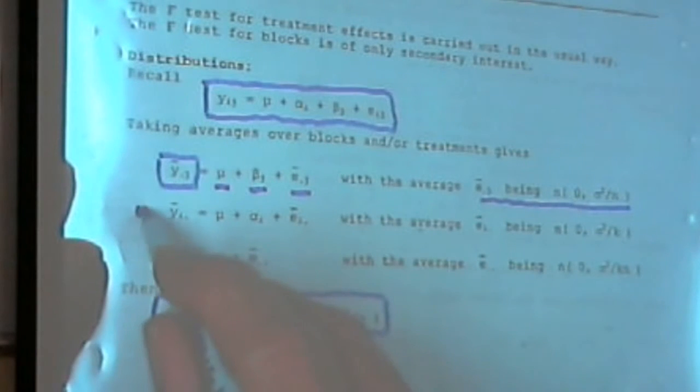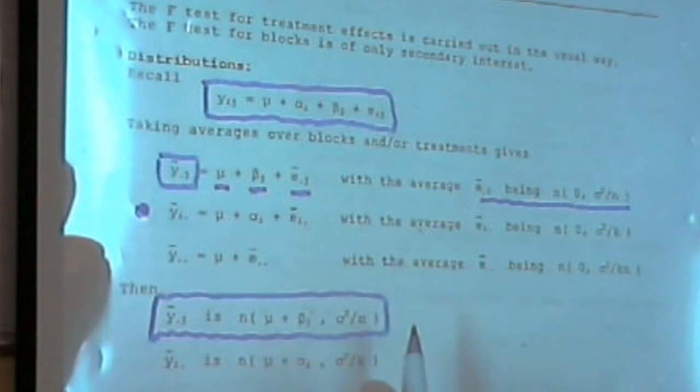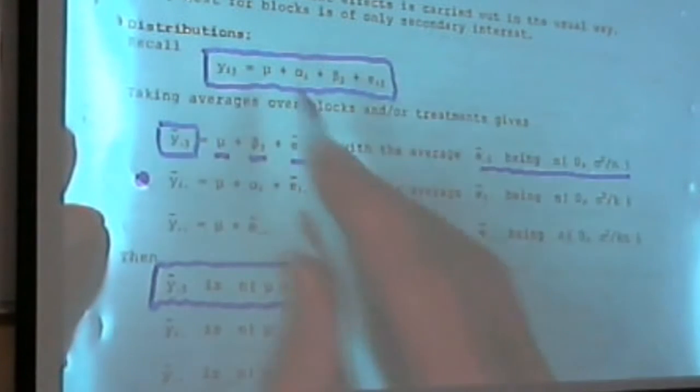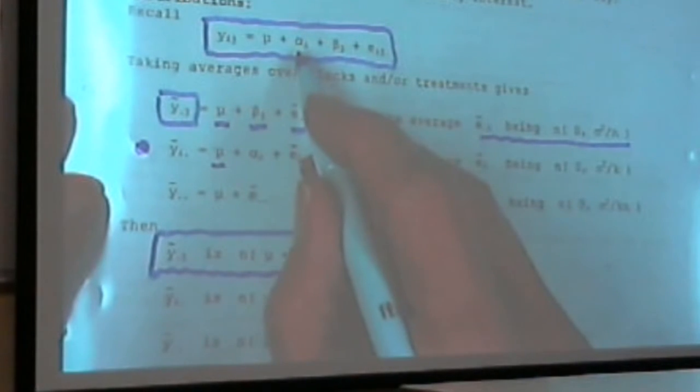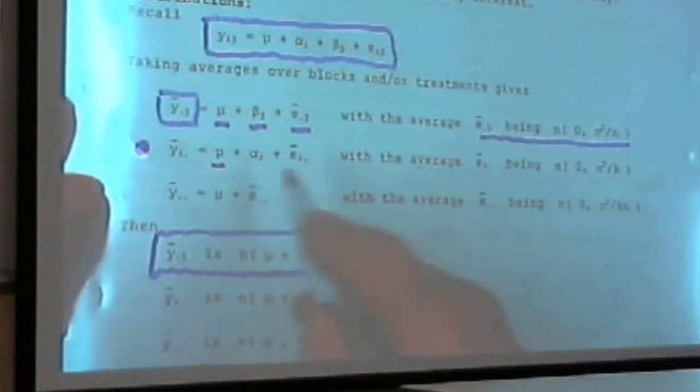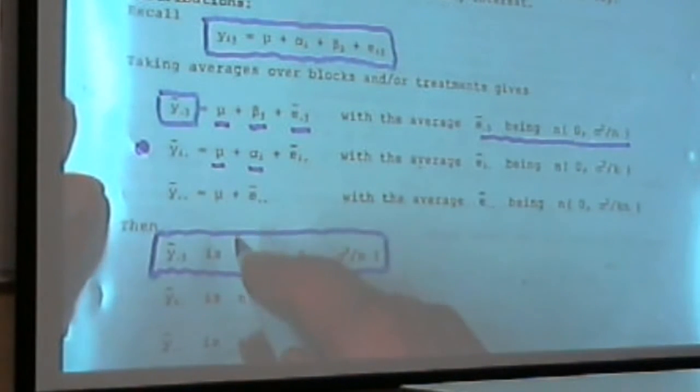Then come to the second line up here and do the same sort of thing. But take the yij's and average it over j. So add up j going 1 to k and divide by k. So you look at this, mu is the same in every term, so I get mu. Alpha I is the same in every term. Remember, I'm adding up over j. So I get an alpha I reappearing.